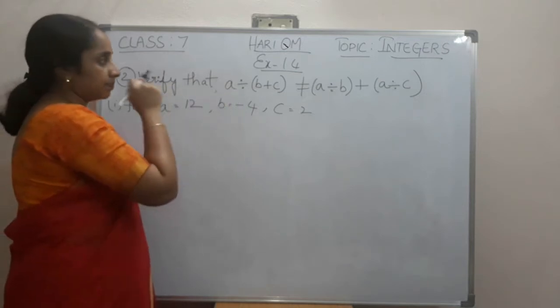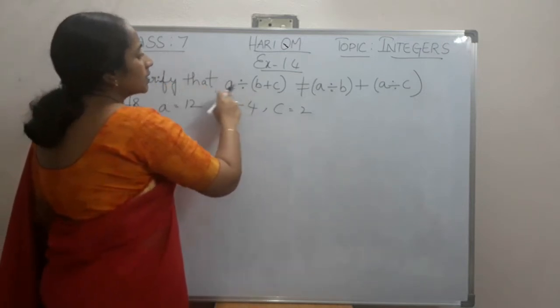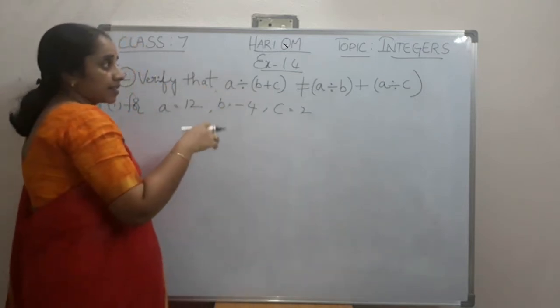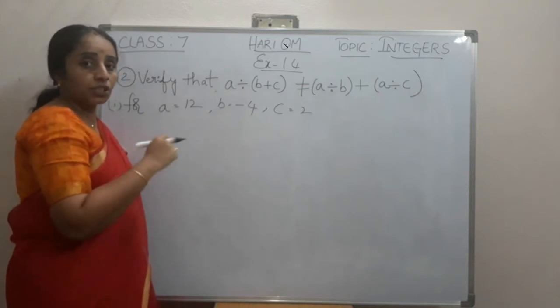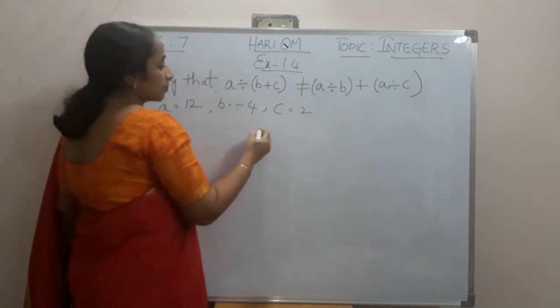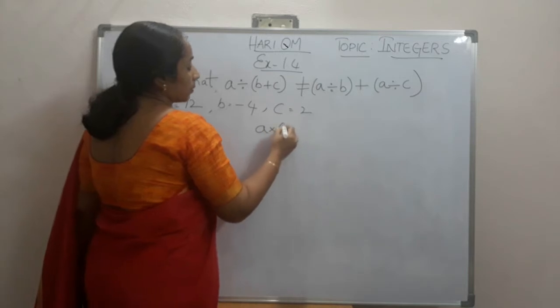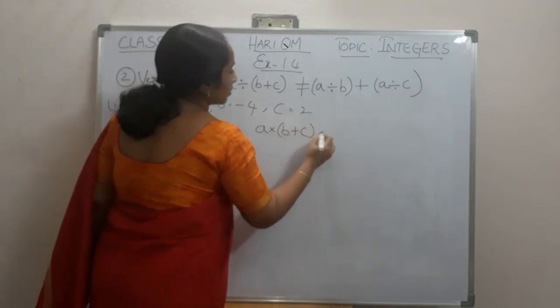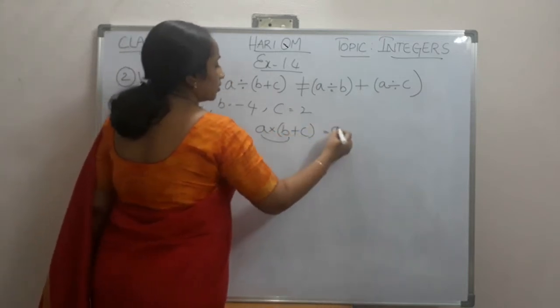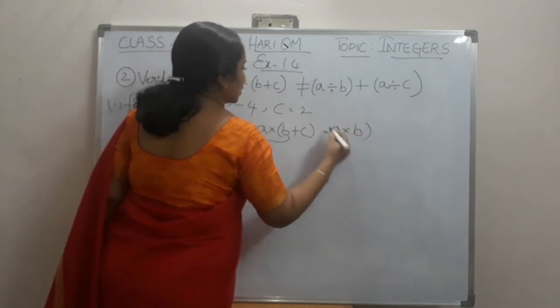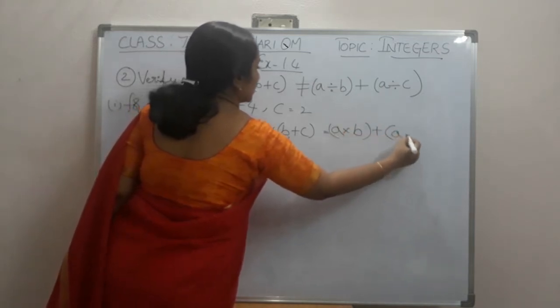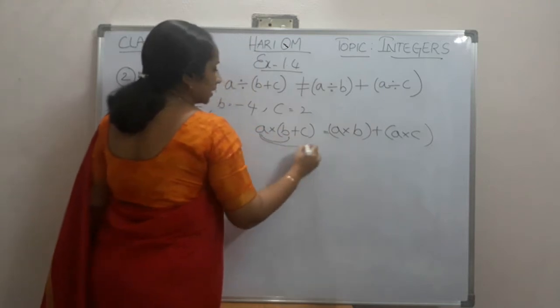As in properties we discussed the distributive property, that a into b plus c is equal to a into b plus a into c.